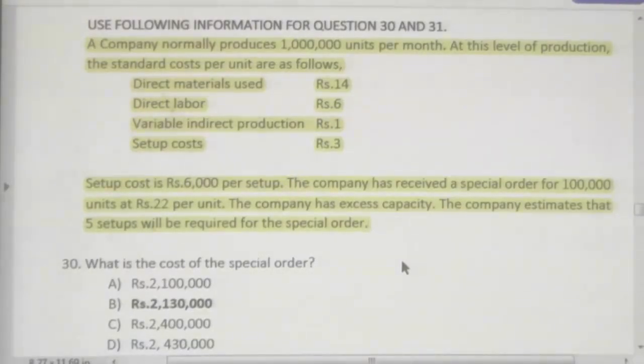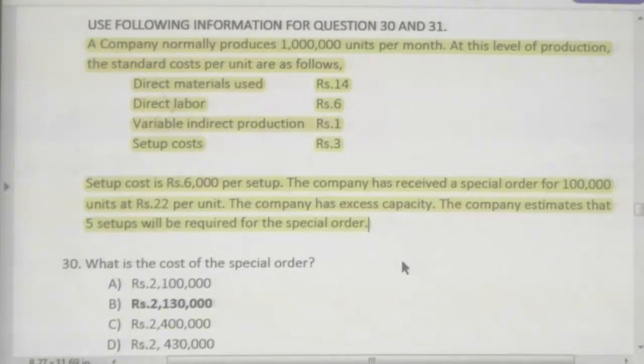At this level of production, the standard cost per unit, that means how they have set their standard per unit for direct material, direct labor, variable indirect production, and setup cost, right? They have calculated direct material 14, direct labor 6, variable indirect 1, setup cost 3.